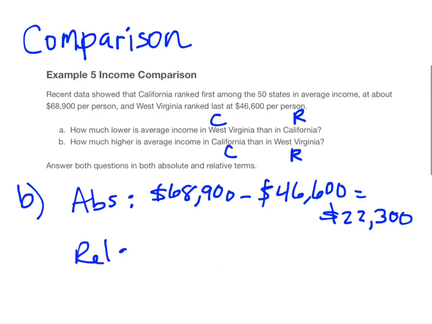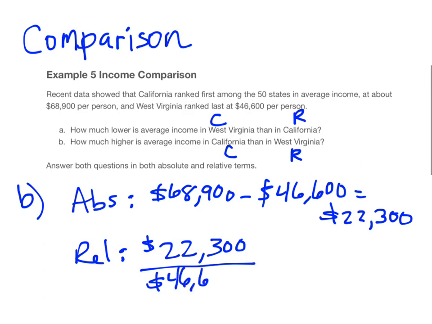Then the relative. Now we shouldn't necessarily expect to get the same fraction because we're comparing to something different, a different reference point. So the absolute change is still 22,300, but now we're comparing to West Virginia's average, which is 46,600, and then convert to a percent.